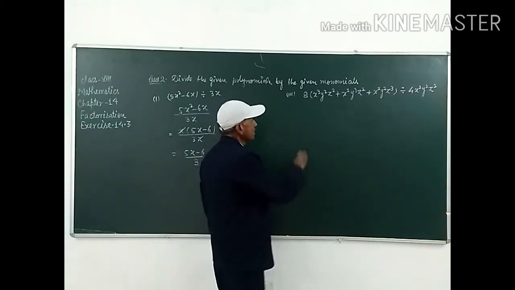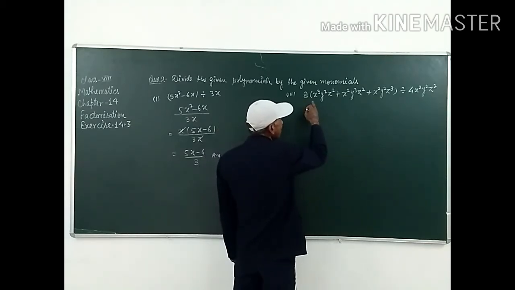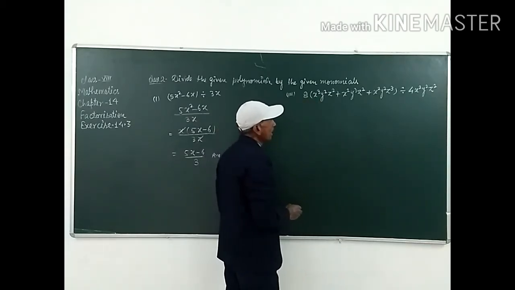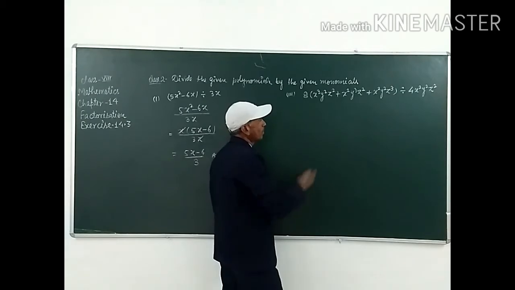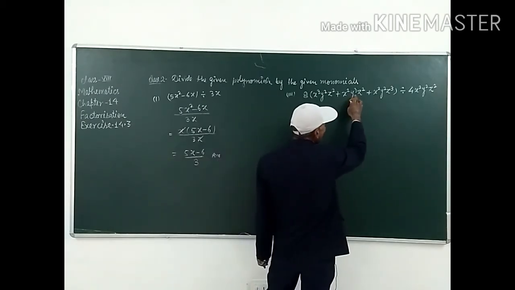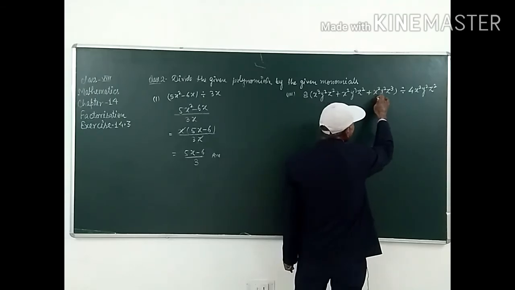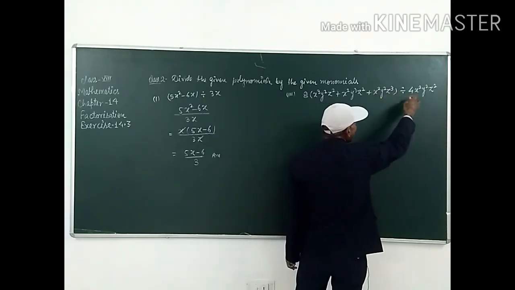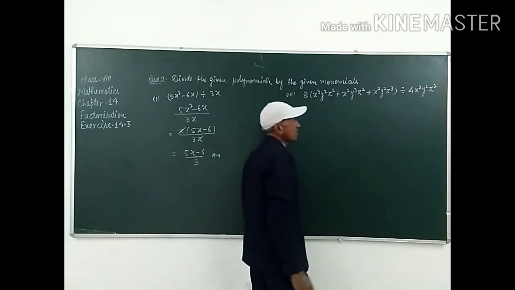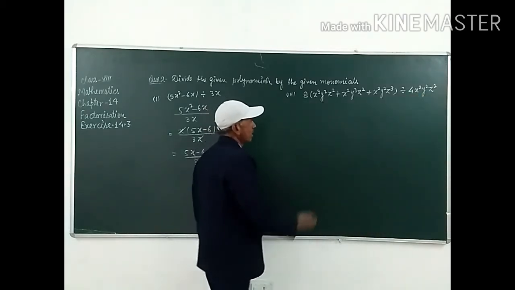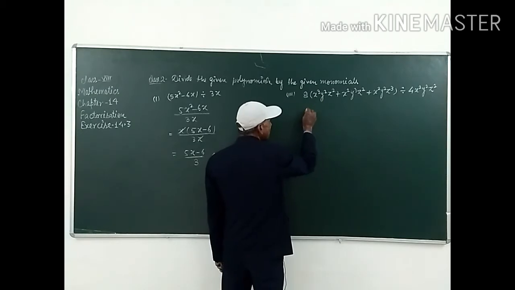Now, this one is 8 into x cube y square z square plus x square y cube z square plus x square y square z cube, in one bracket, divided by 4x square y square z square. So, we have to write this.